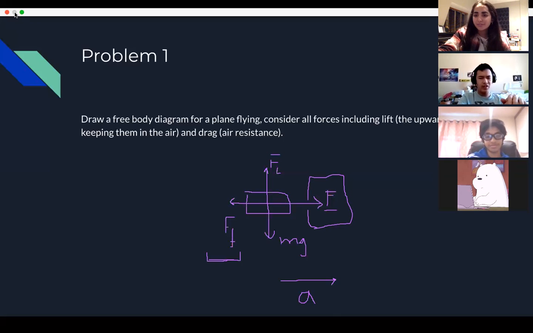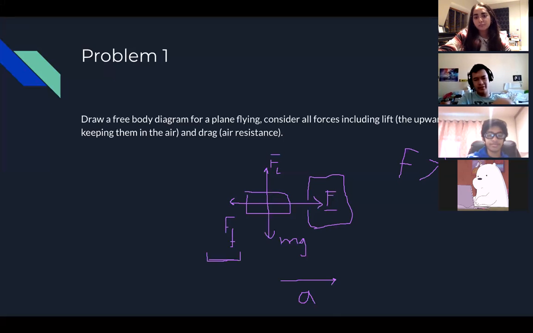Even then, they're not equal because they have different units. Exactly. So it'll be a very specific situation when they're exactly equal. But here we just want there to be a net force. So we want F to be greater than F sub F for there to be an acceleration in this direction.